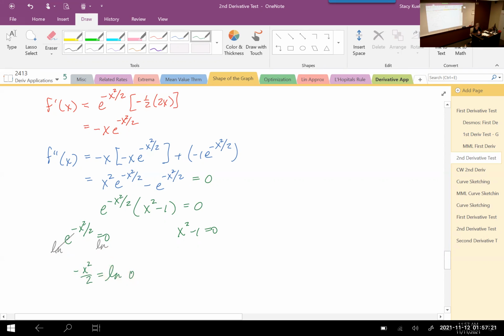Can I have the natural log of 0? Remember, the argument always had to be greater than 0, didn't it? Okay, so that just goes away. But I can come over here and say x squared is equal to 1, or x is equal to positive and negative 1.